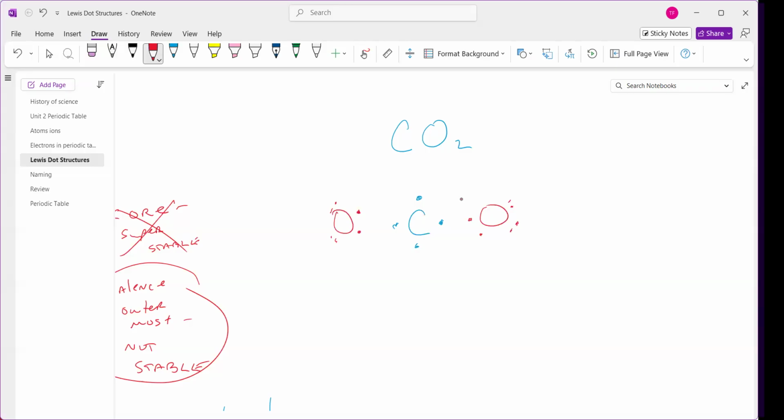Step number two is connect up the singletons once. Okay, the next step, are there any singletons unpaired? Yes. So pair them up. First step is to connect everything up once, then check for leftover singletons.